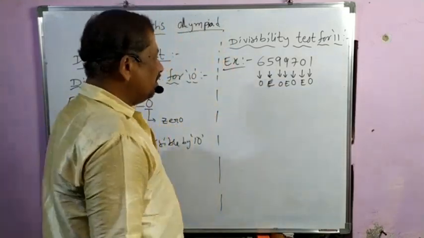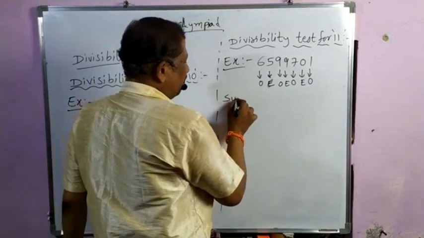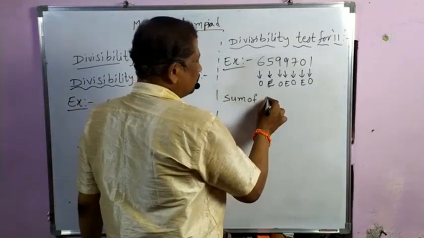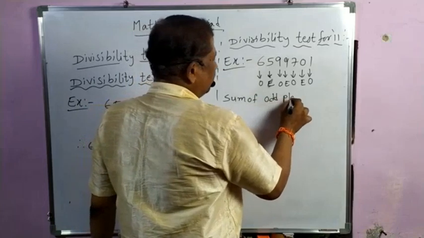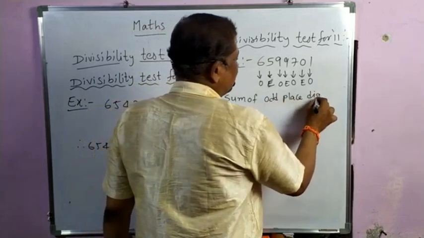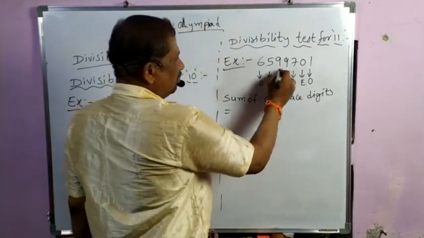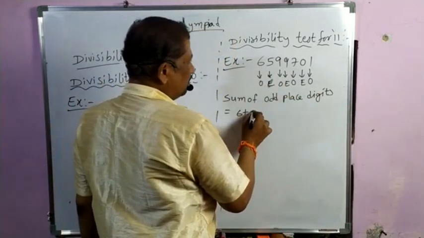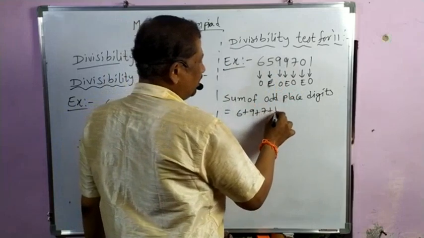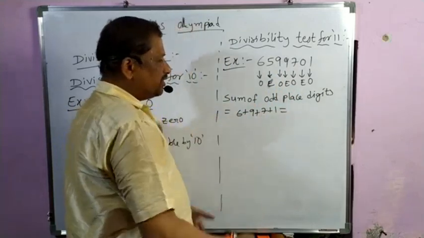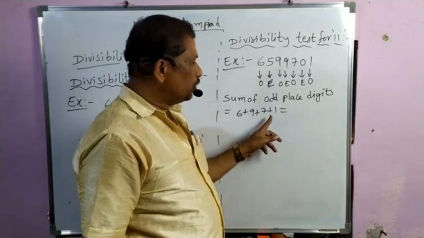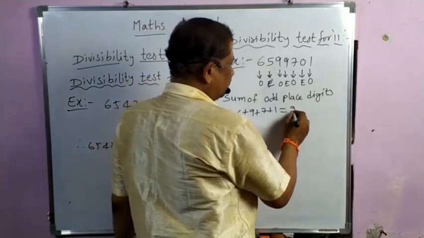So, the sum of the odd place digits. What do we get? 6 plus 9 plus 7 plus 1. So 6 plus 9, 15, 15 plus 7, 22 plus 1, 23.